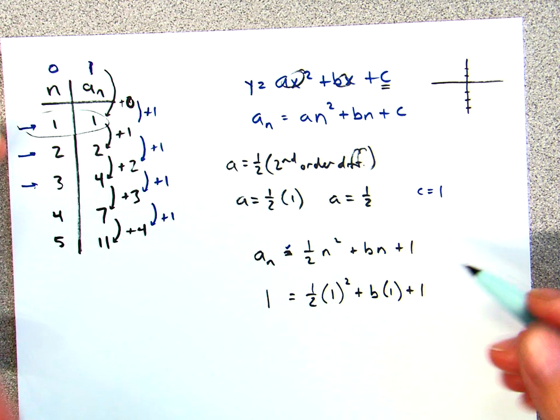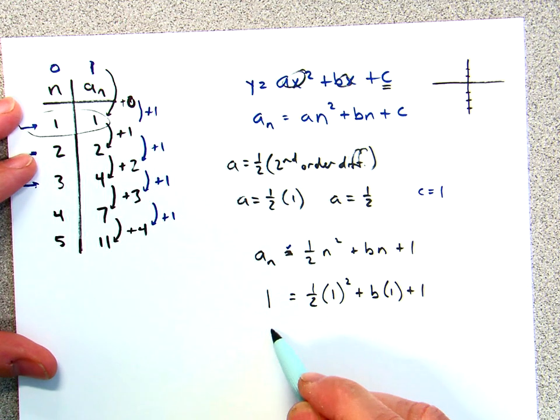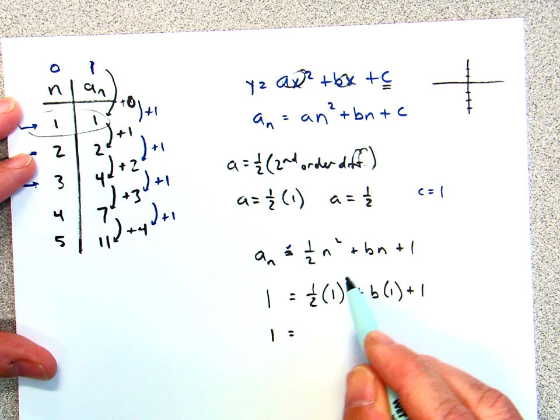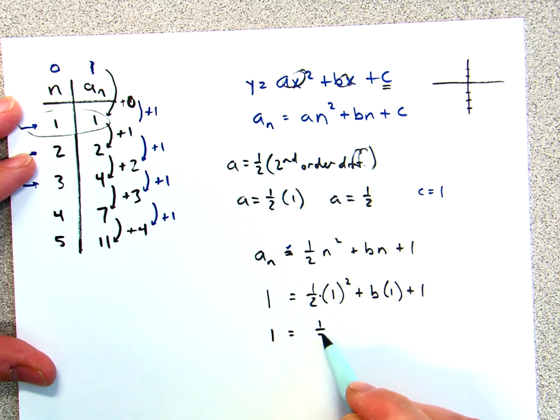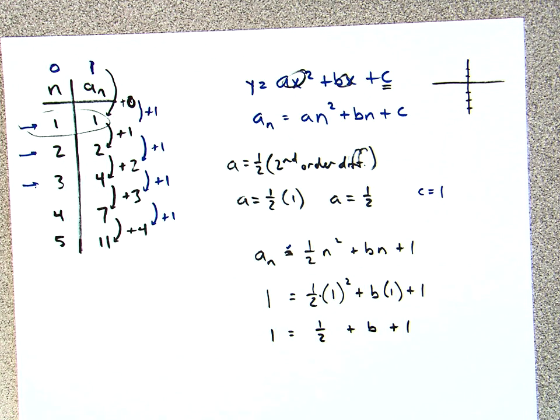So, order of operations, just be careful with order of operations. 1 equals 1 squared, which is 1, times a half. Now b times 1 is just b. I don't need to write 1b, plus 1. Now, if you don't really want to deal with this fraction, that's okay.